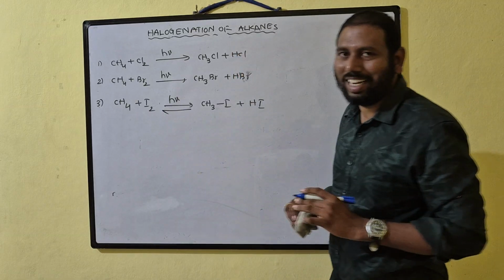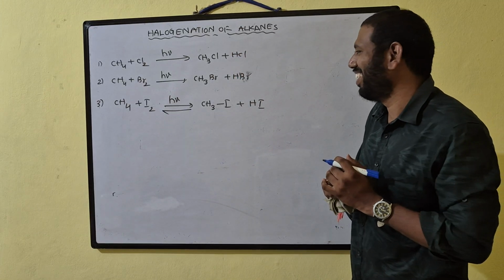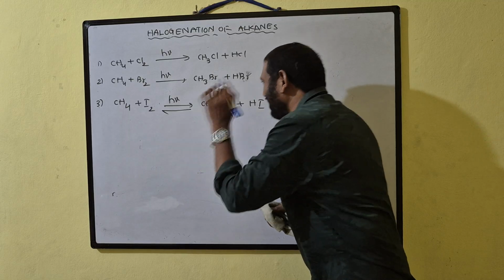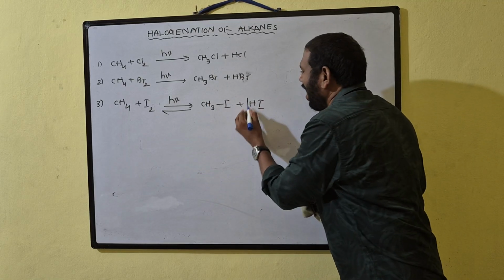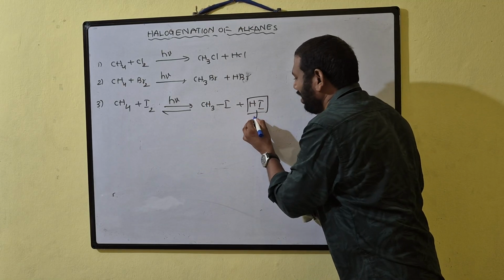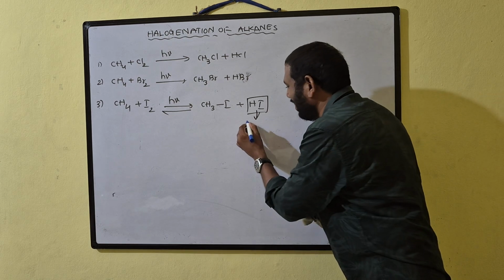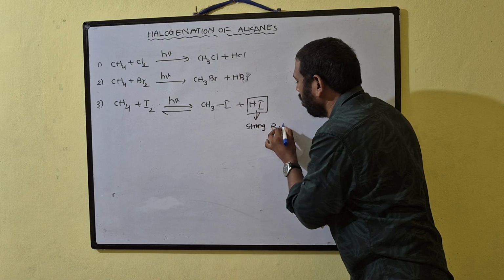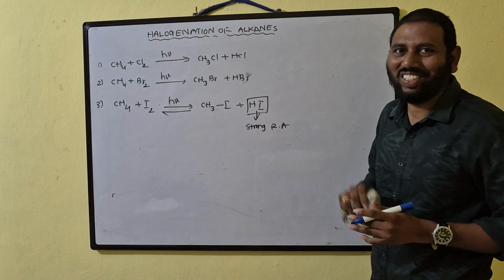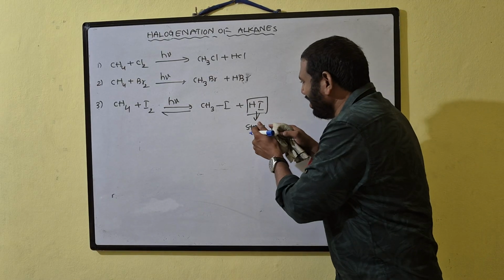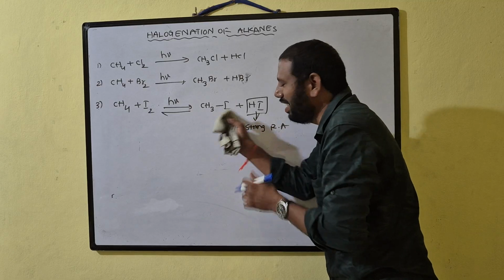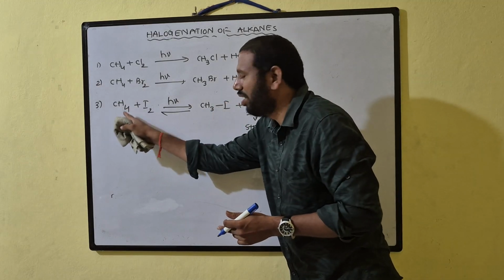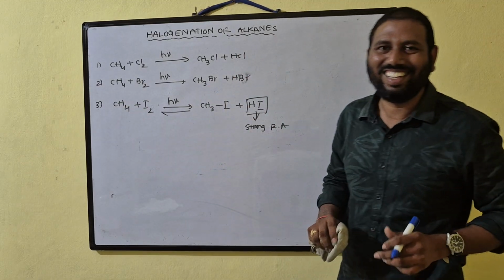What is the reason? Because the byproduct is hydrogen iodide, a strong reducing agent. It can reduce CH3I into CH4 and iodine in the backward direction.